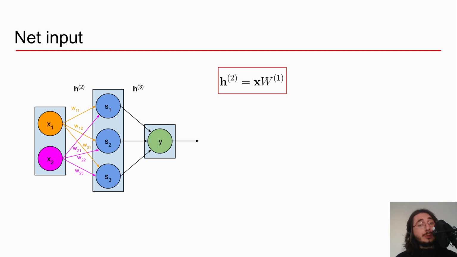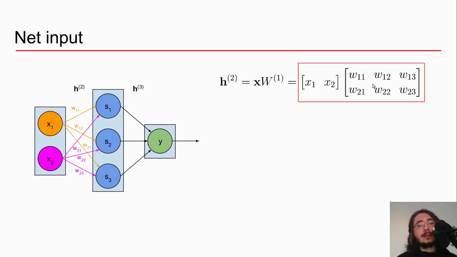In order to get all the net inputs, in the case of H2, which is the net input for the second layer, the hidden layer here, we need to do a matrix multiplication between the input vector and the weight one matrix.